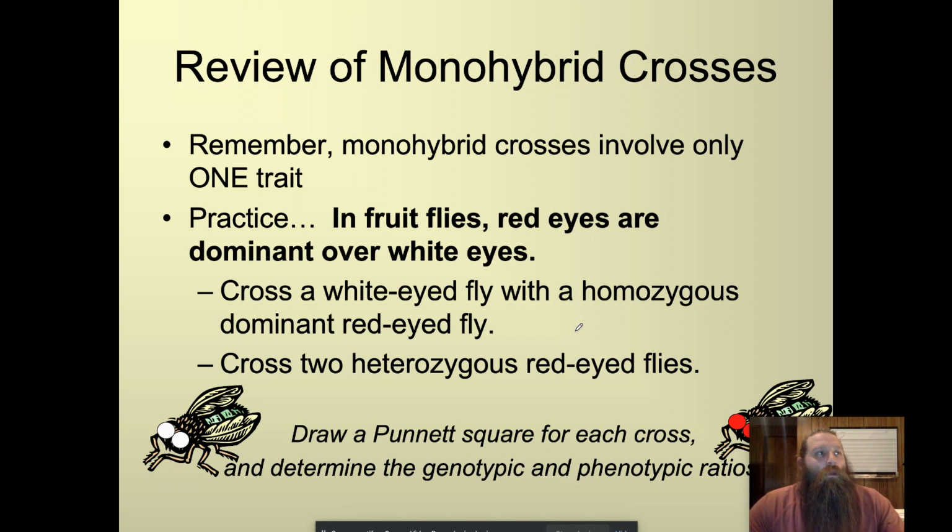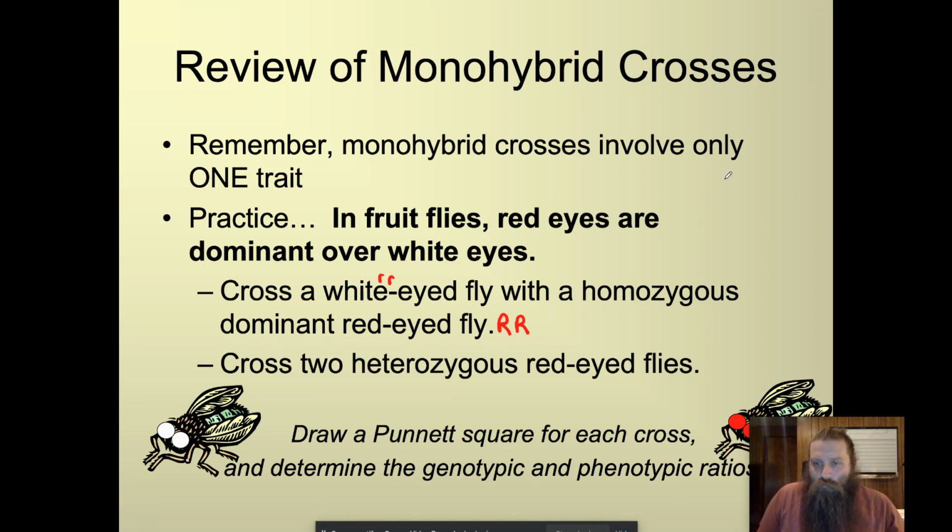Now, when we're doing this, we need to examine the dominant versus recessive trait. We know red eyes are dominant over white eyes. So a white-eyed fly is little r, and a homozygous dominant red eye would be big R, big R. I know it's two big R's, not a hybrid, because it's homozygous dominant.